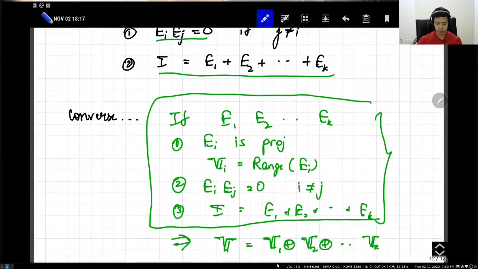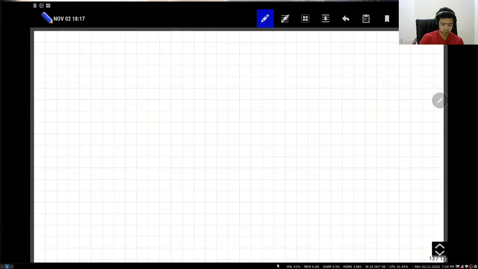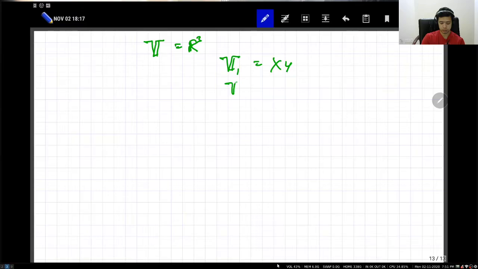Maybe to see a quick example, let us look at a direct sum decomposition of V onto two subspaces. Let us decompose V, which is say R^3, into two subspaces. Say V_1 is the xy plane and V_2 is the z axis.